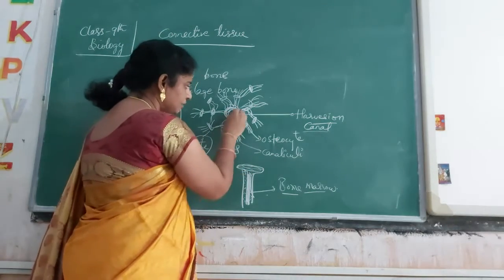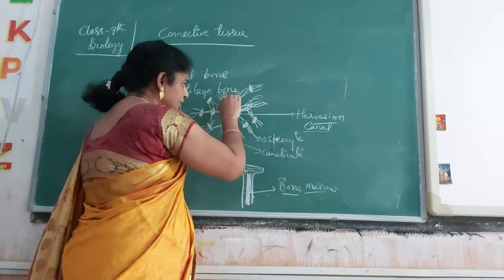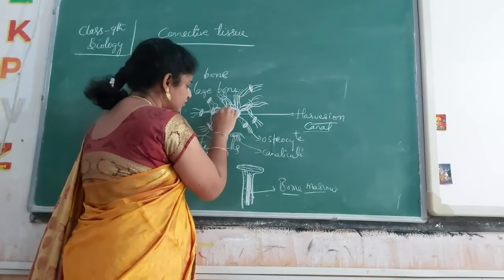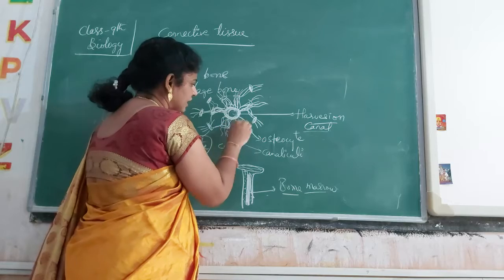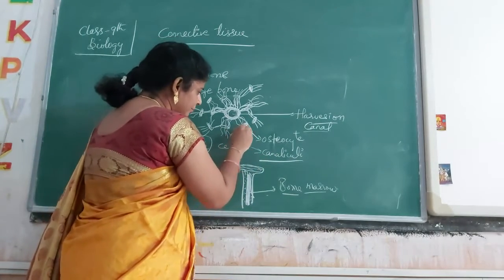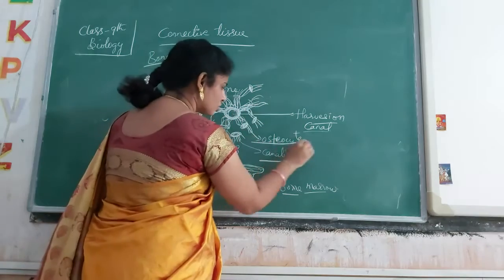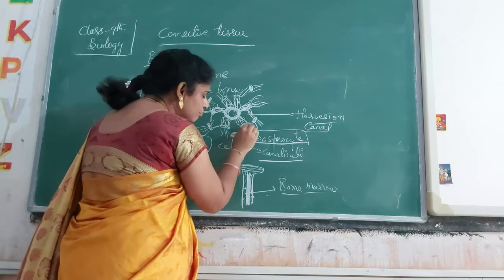There are compulsorily many Haversian canals. Haversian canals are connected with the canaliculi, network-like structures. These canaliculi contain cells called osteocytes. See here, this is a bone cell.